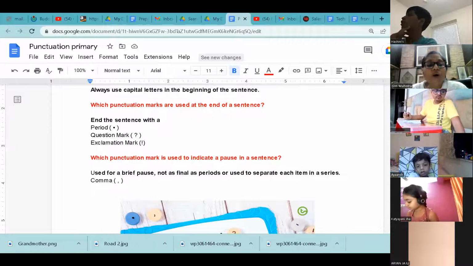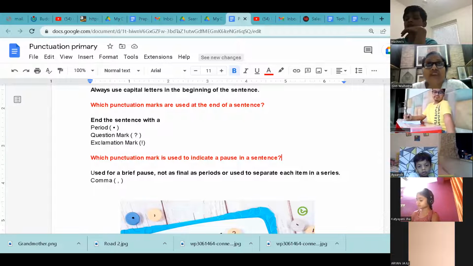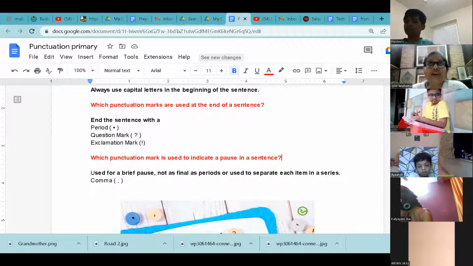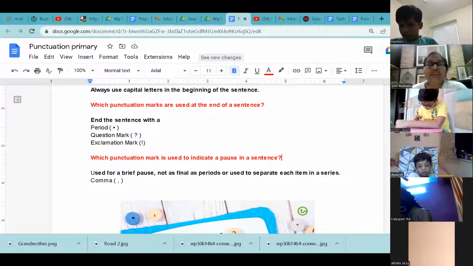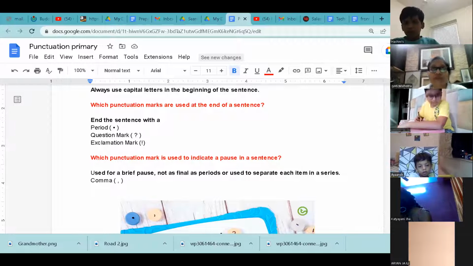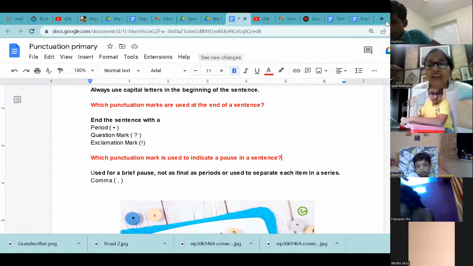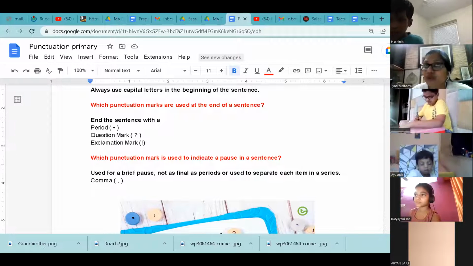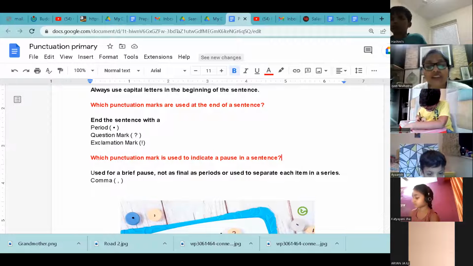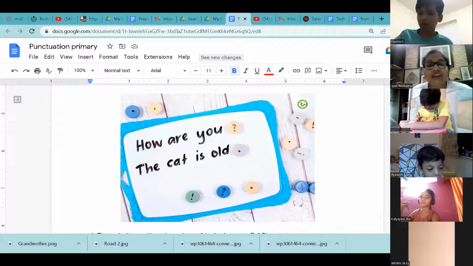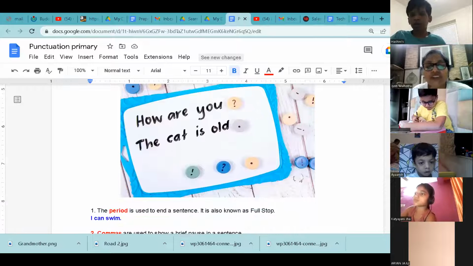All right. Now, yes, a comma has various uses, right? After I complete the introduction of these punctuation marks, I will introduce some of those uses for you, and then you'll realize that a comma is actually a little difficult to use.